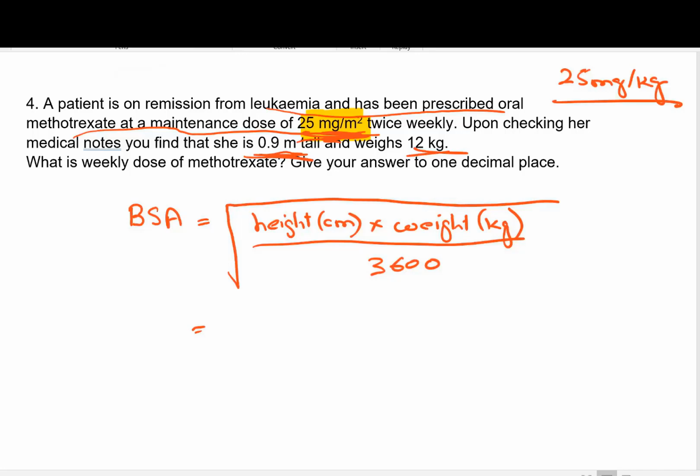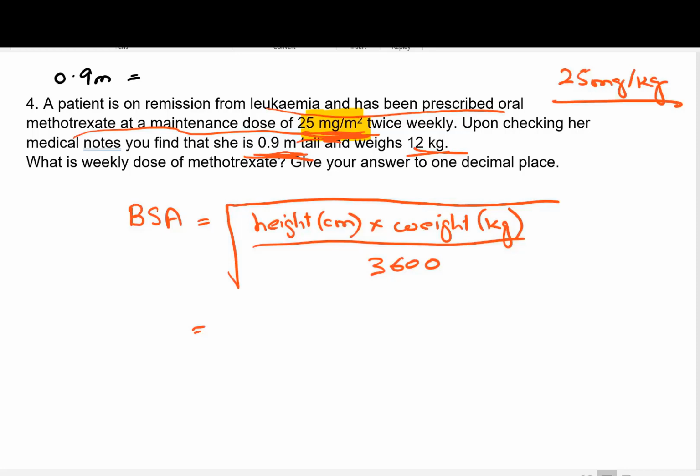Height is given as 0.9 meter, but I want that in centimeter. Okay? Meter is a bigger unit, centimeter is a smaller unit. I'm moving from a bigger to a smaller unit, so the decimal should move towards the right. And how many places here?